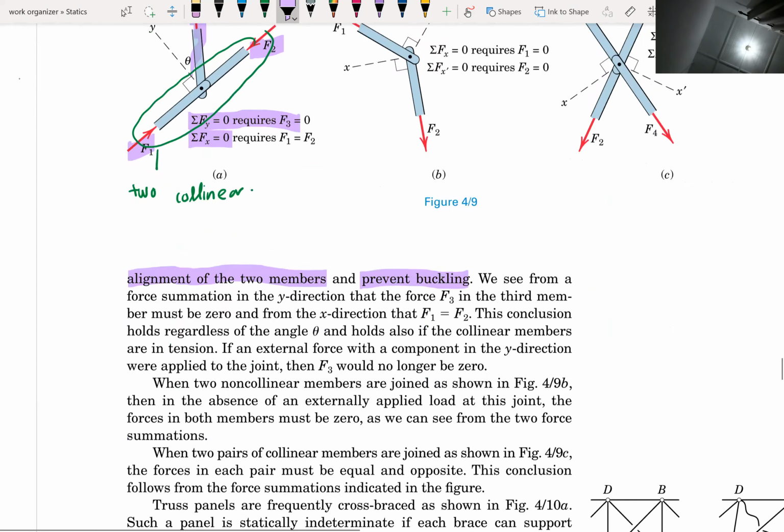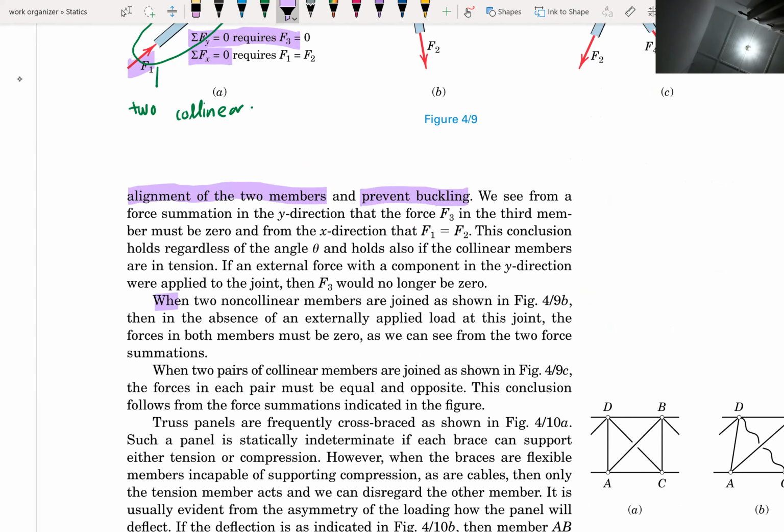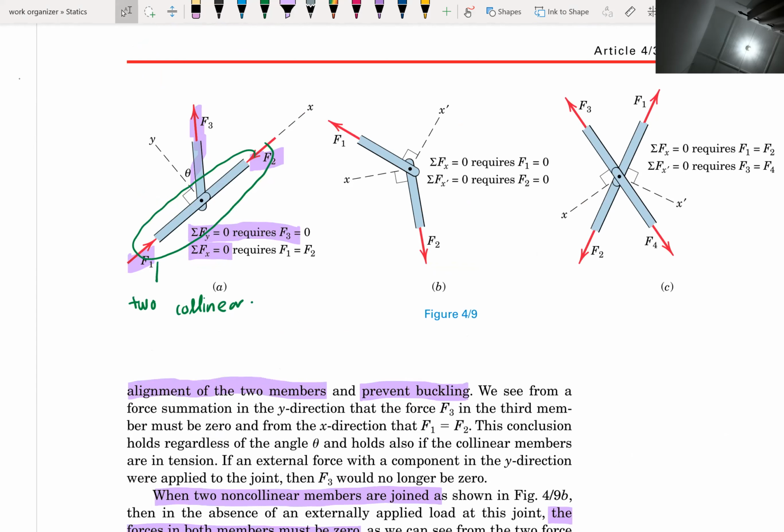And then when two non-collinear members are joined, the forces in both members must be 0. So for this case, we have two non-collinear members.